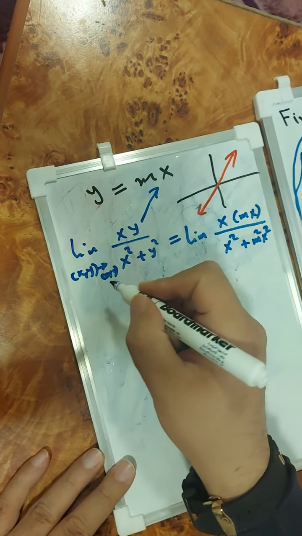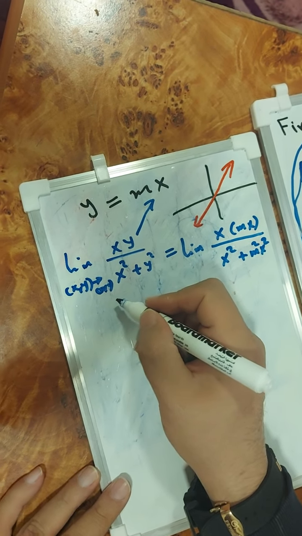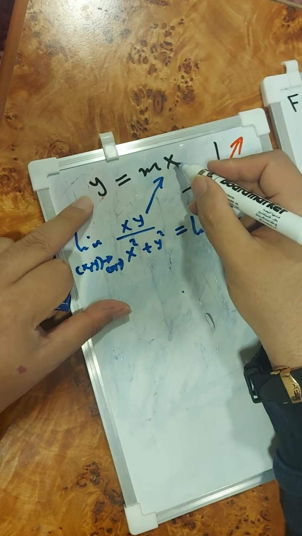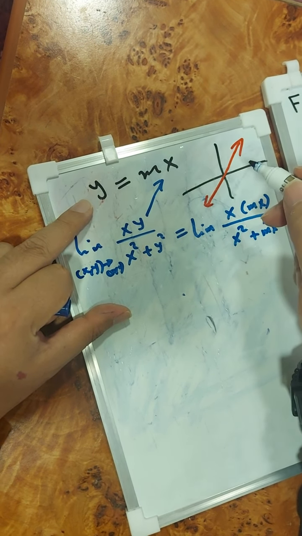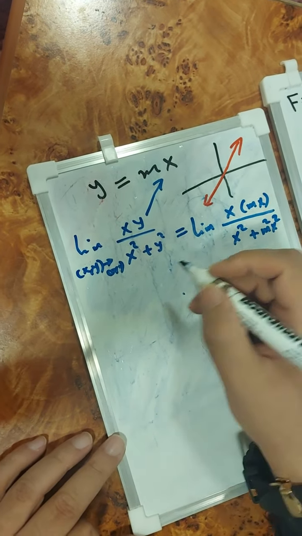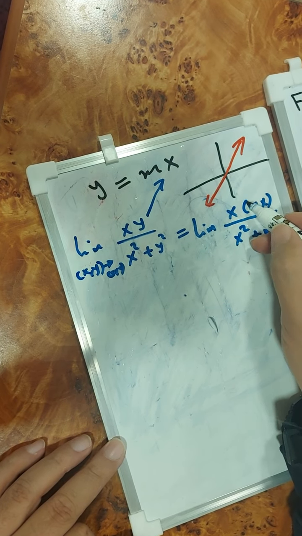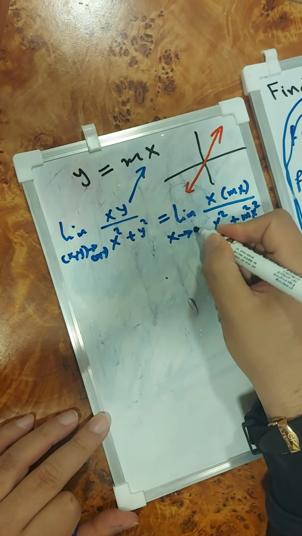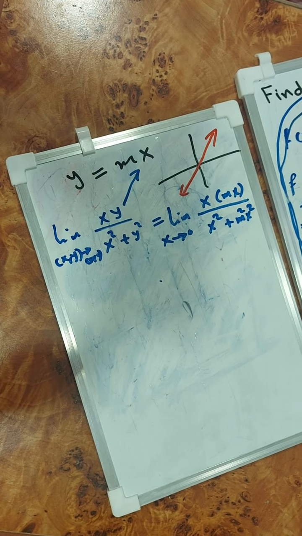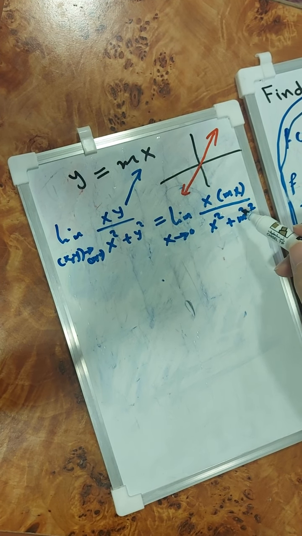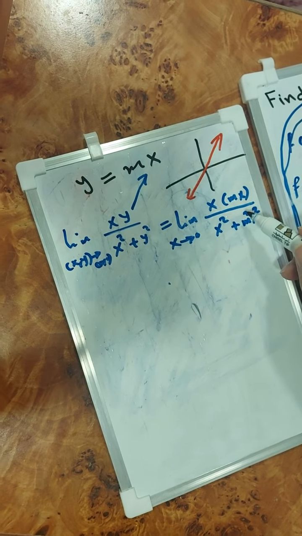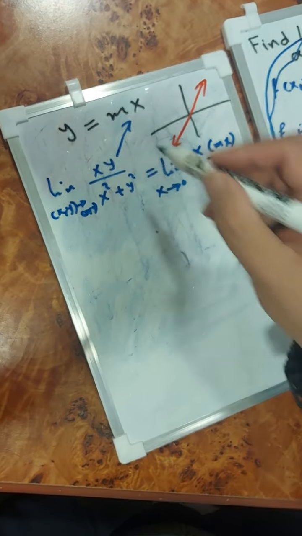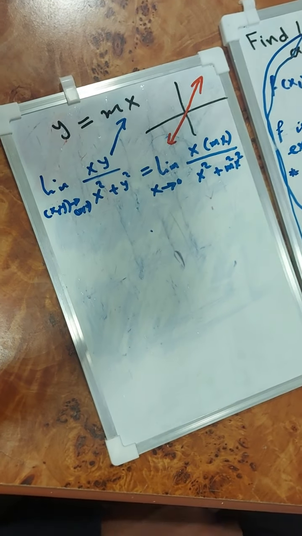As x and y approach 0, if we put x equal 0 here, y also equals 0, so the variable of the limit here is a single variable, only x, so x approaches 0. It is clear that this limit is a single variable limit by virtue of this substitution.